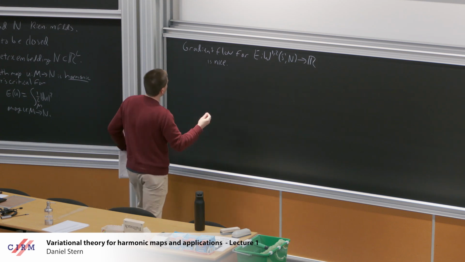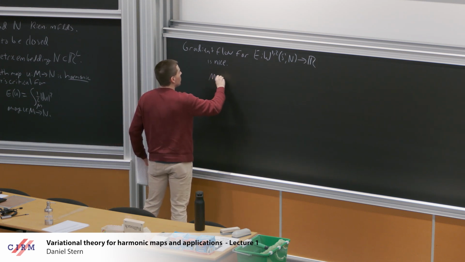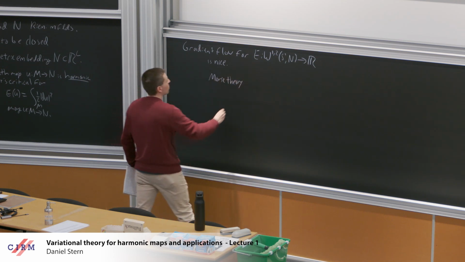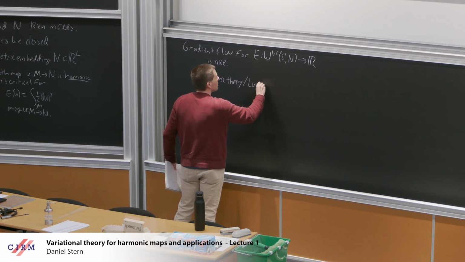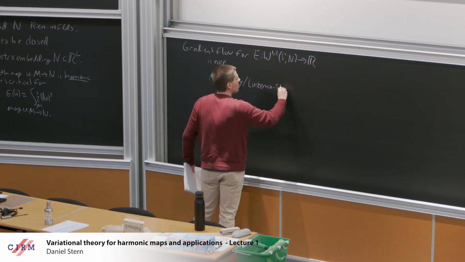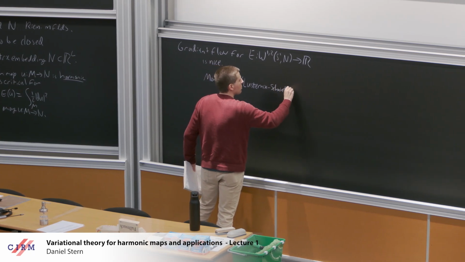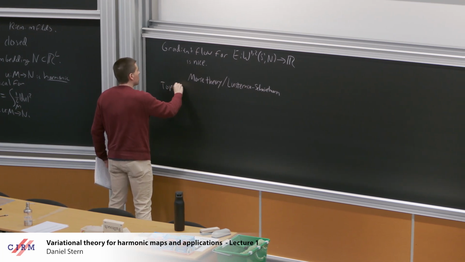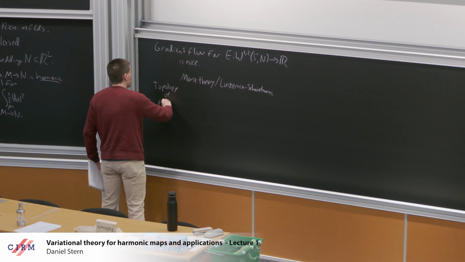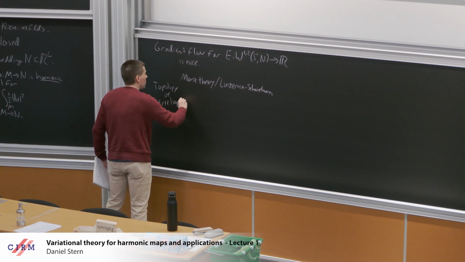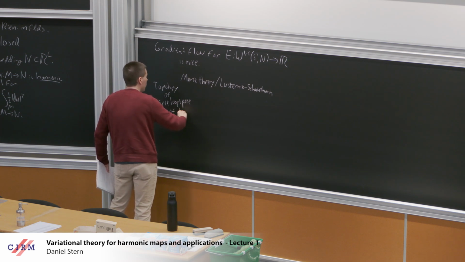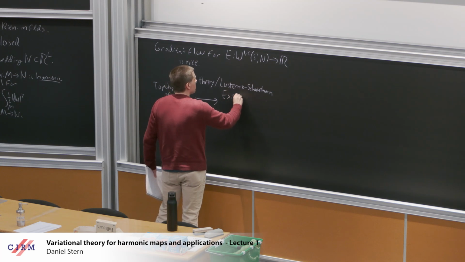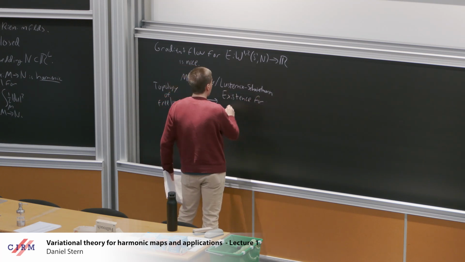So in particular, you can use classical Morse theory, and I really mean classical Morse theory, this is in some sense the thing it was initially developed for, or Lusternik-Schnirelmann theory. You can just apply these techniques out of the box and take information about the topology of free loop space of your target manifold N, and get existence results for closed geodesics.